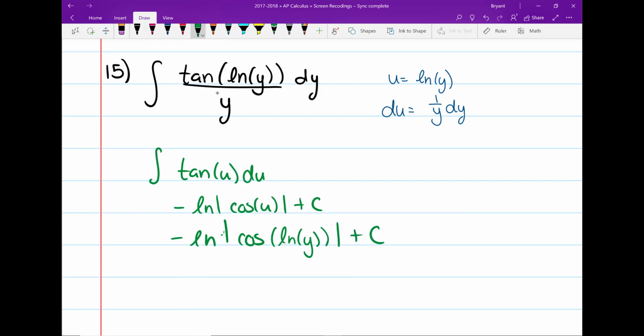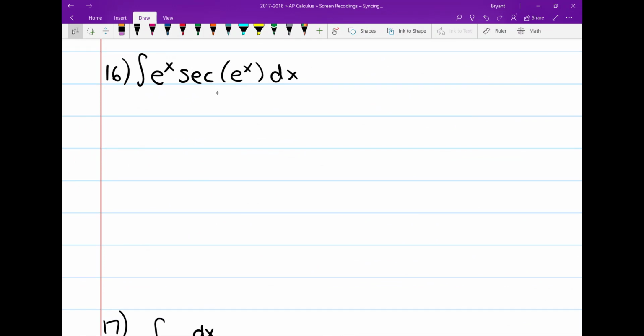Number 16, e to the x secant e to the x dx. I'm going to let u equal e to the x. So du is equal to e to the x dx. So this becomes the integral of secant of u du.